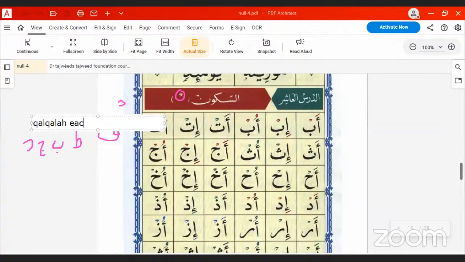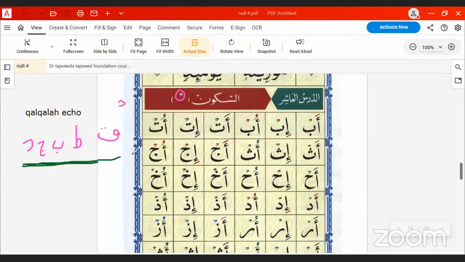Kalkala means echo, that is a jerking sound. Whenever a sukoon is put on these five letters, we have to pronounce it with an echo sound. We'll come across it, inshallah.